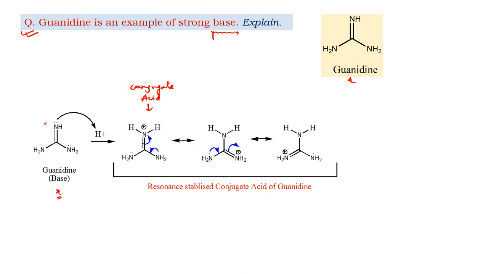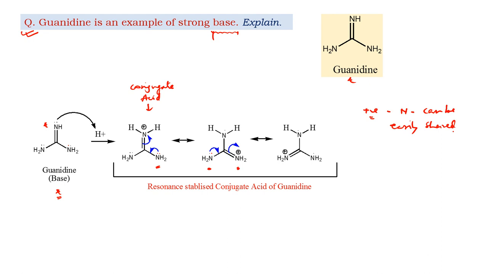So for example, if this nitrogen gets protonated, the positive charge on the nitrogen can be easily stabilized by the resonance effect of this nitrogen. Once this nitrogen becomes positive, the other nitrogen comes into the picture, donates its pair of electrons, and stabilizes this. So the overall positive charge formed on a nitrogen can be easily shared by the other two nitrogen atoms.